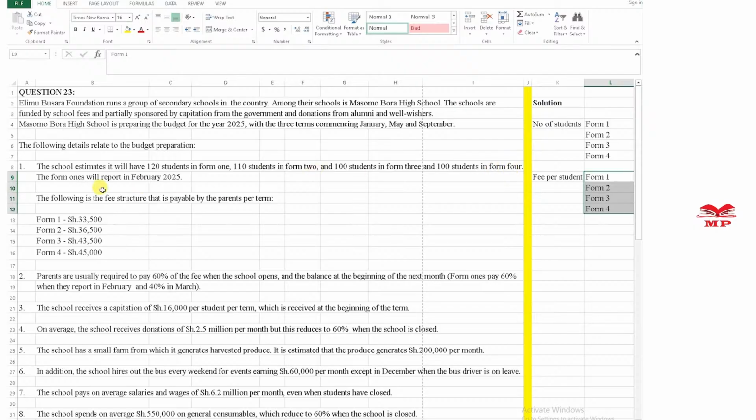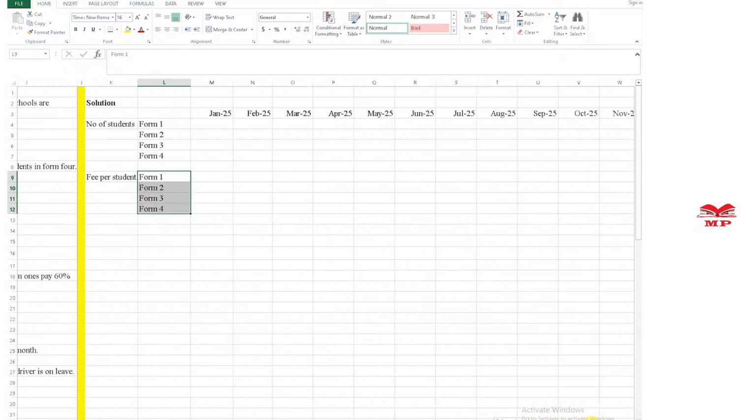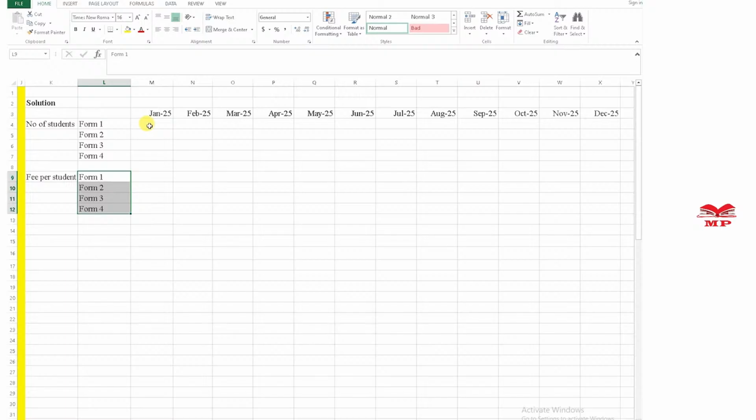But we've been told that Form 1s will report in February 2025. So when we come to this information, for Form 1 there's nothing to do with January. We'll expect 120 students there in February, and also in March, we'll expect 120 students for Form 1.